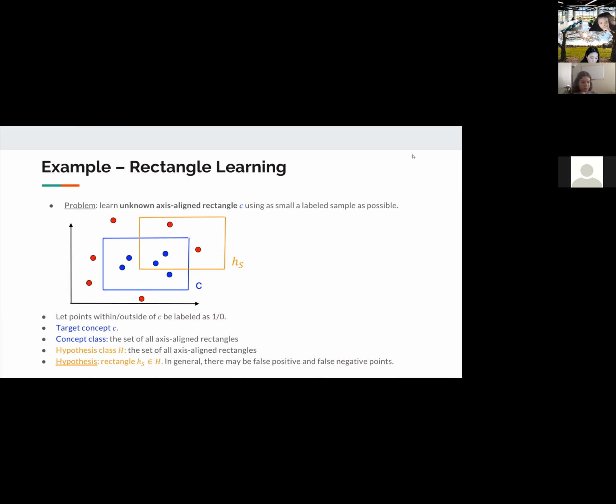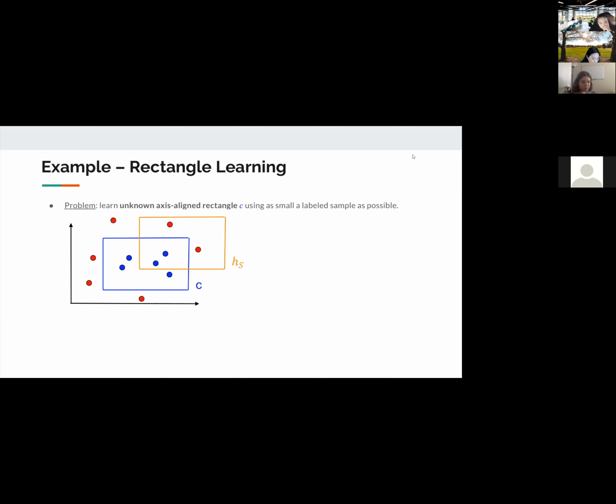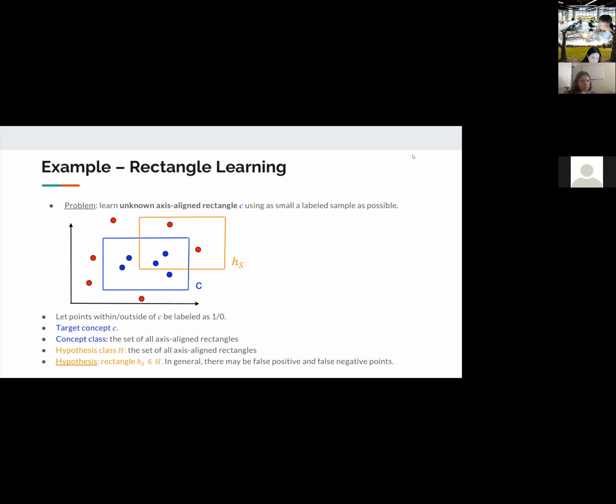So how do we interpret this figure? These are all data points. This is one data point, second data point, and so on. Here I have a sample of 1, 2, 3, 4, 5, 6, 7, 8, 9, 10, 11 examples. So this is a sample of 11 examples. This is the underlying target concept that I don't know. I cannot see the blue rectangle, but the labels of these examples are based on the blue rectangle.